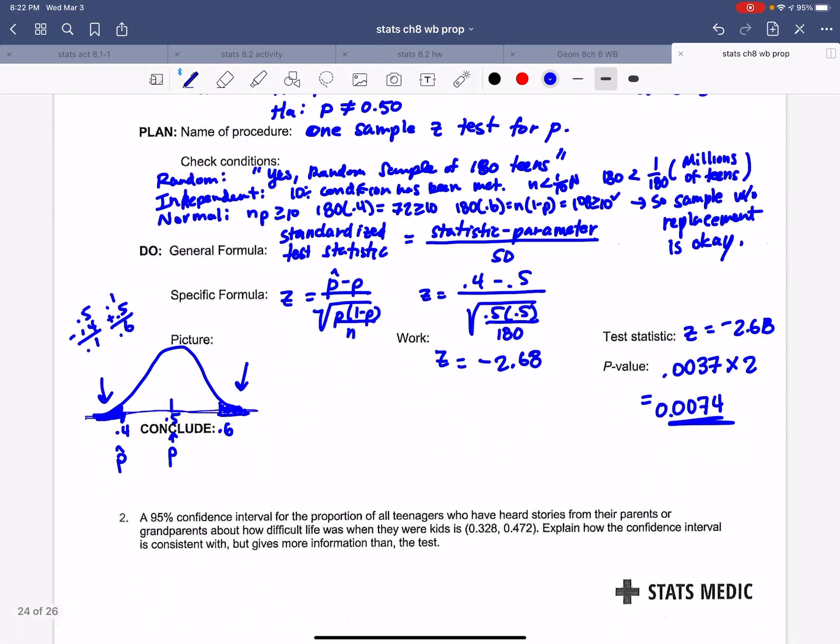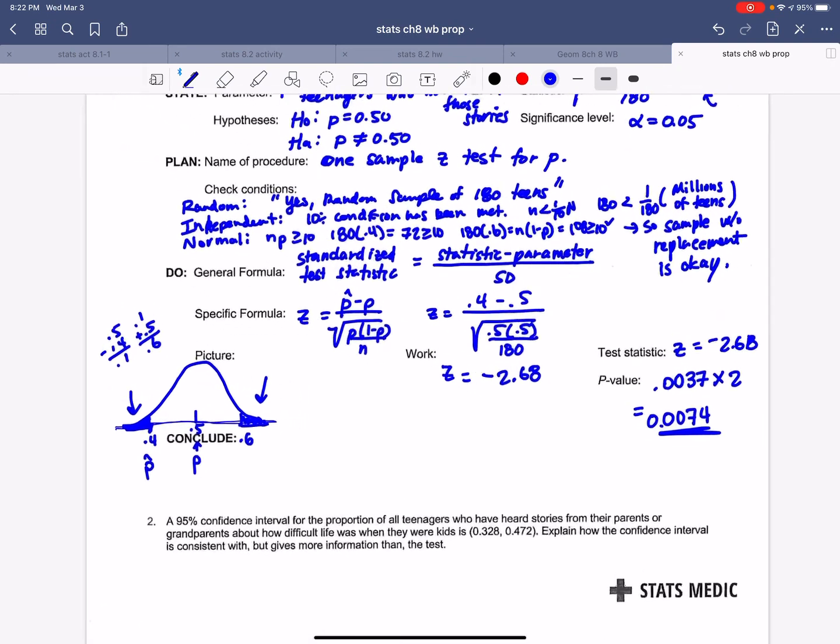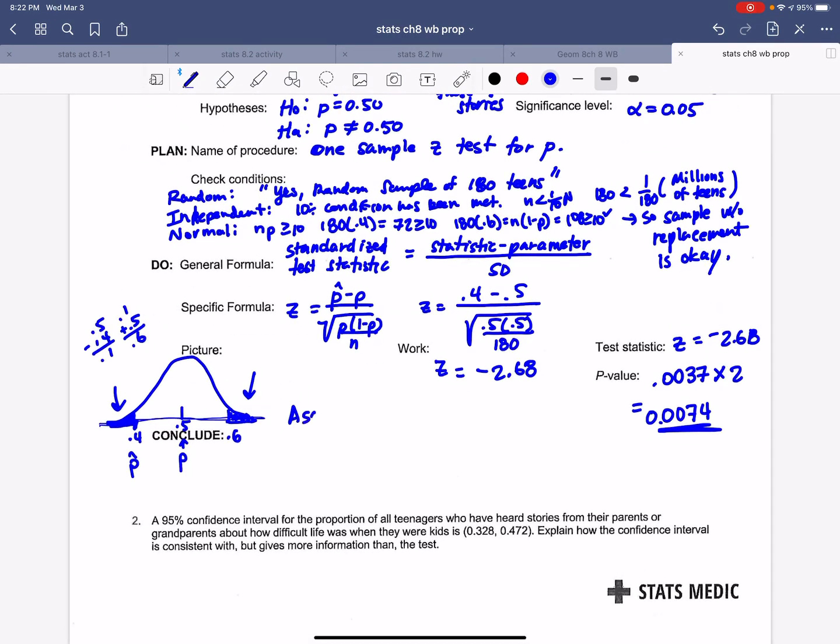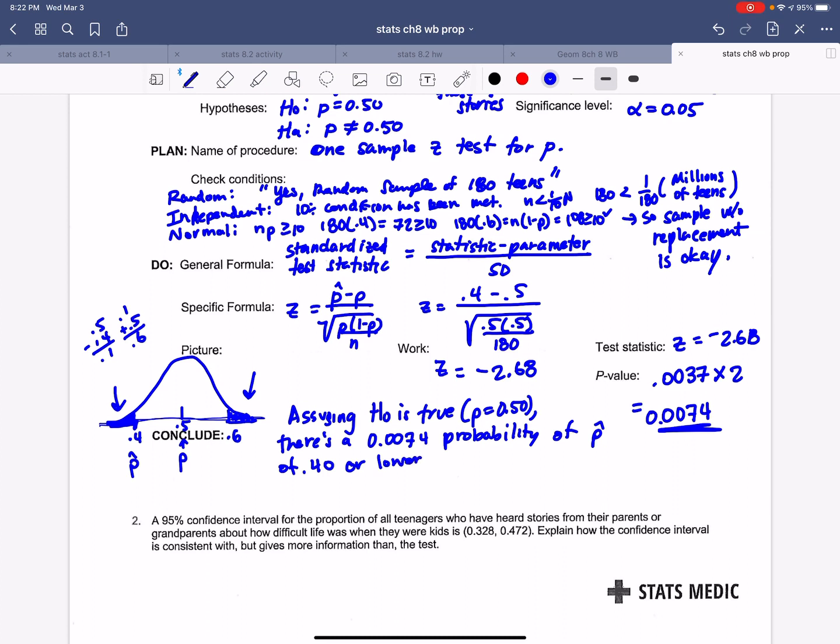So you actually do have evidence. So how do we write our conclusion here? We're going to say that assuming, which we have to, that H sub O is true, and that p is equal to 0.50, then what we're saying here is there's a 0.0074 probability of getting a p-hat of 0.40 or lower, or 0.60 or higher, purely by chance.